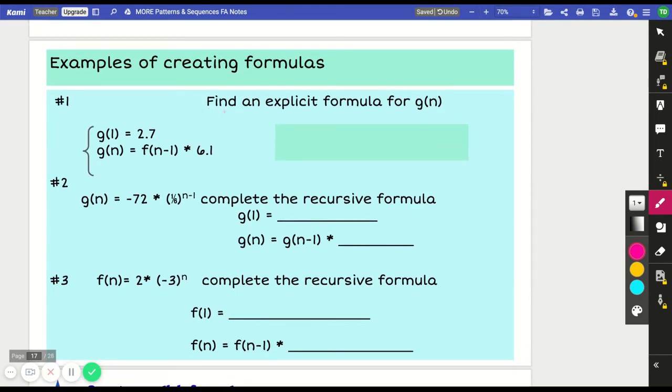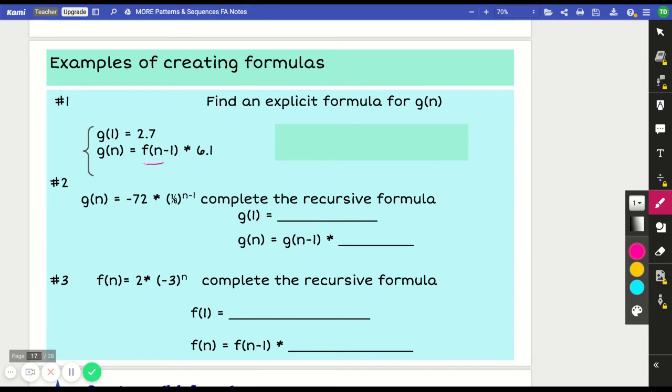We're going to find the explicit formula for g of n. So here it's saying that the first term is 2.7. And then we have this formula, g of n minus 1 times 6.1.